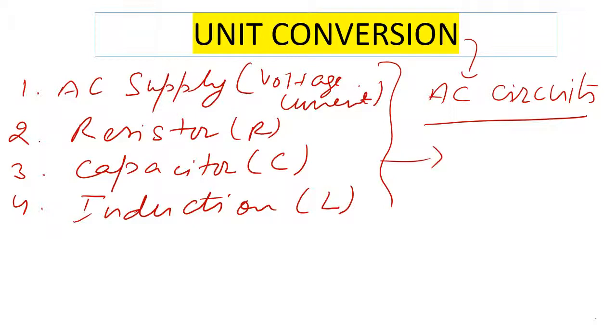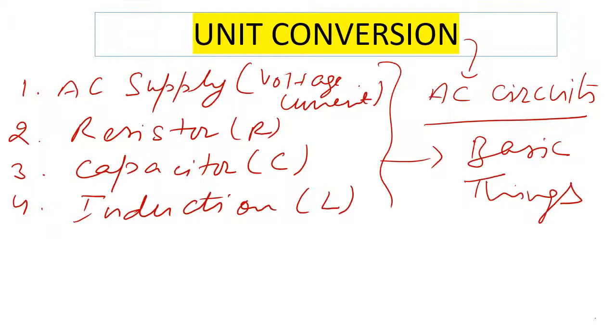These are the very basic things when we study AC circuits, and each has its own SI unit, and the other units are the practical units which we use generally when we define the circuits. But always for the calculation we have to take only the SI unit or the standard units, not the practical units.